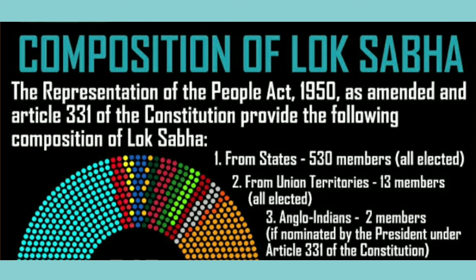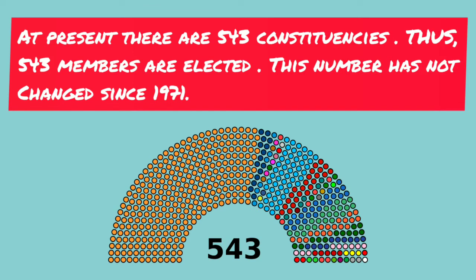Beta, the President of India can nominate 2 members from the Anglo-Indian community if he feels that the community is not adequately represented. At present, there are 543 constituencies and the number has not changed since 1971.